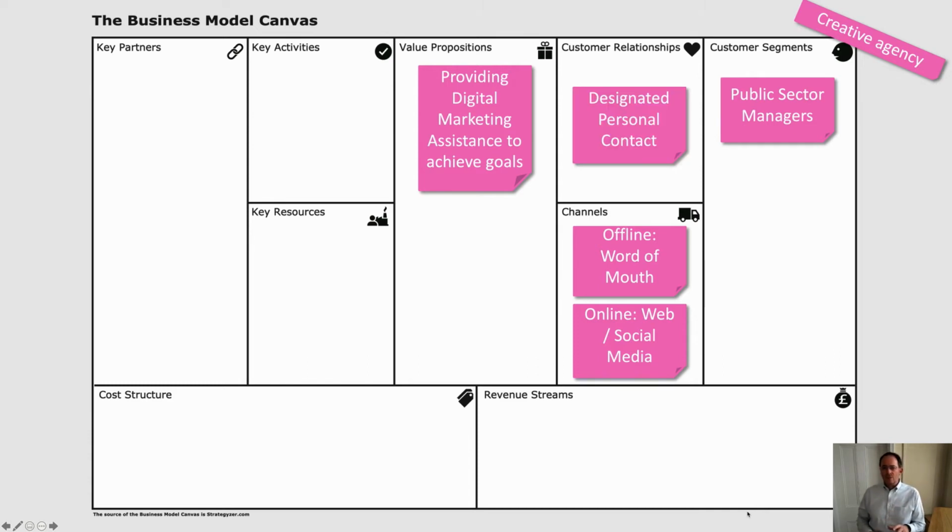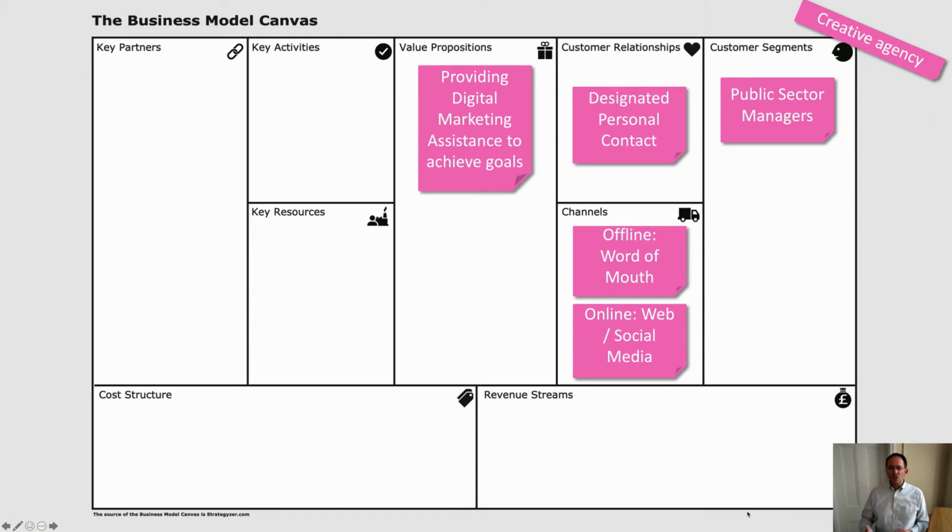What about customer relationships? Well, again, the one thing that the founder of this business knows is that public sector managers aren't going to deal via email or text or just deal with any old Tom, Dick and Harry. When they've got an issue with work that's being done, they want to speak directly to the person, a senior person who they can get answers from.